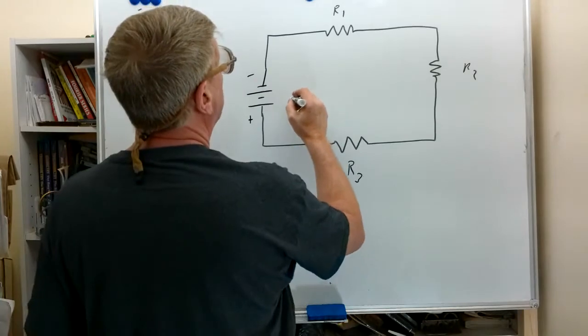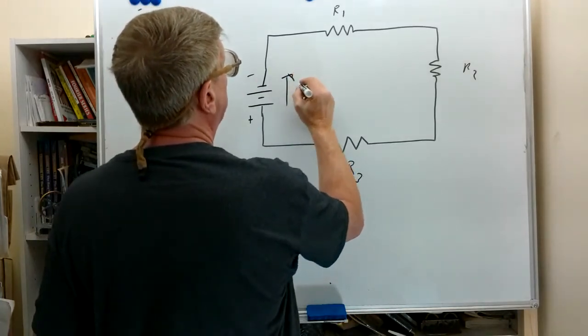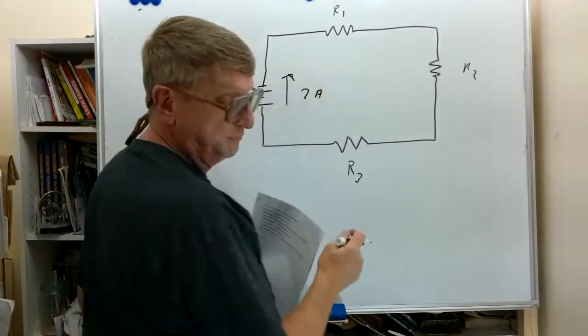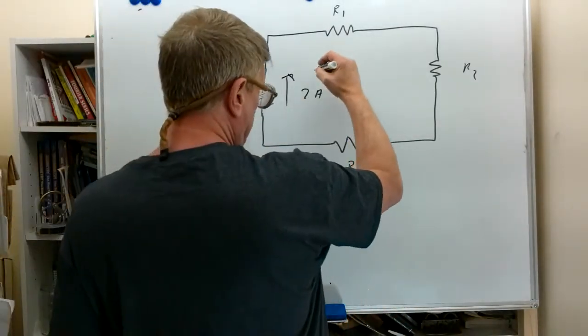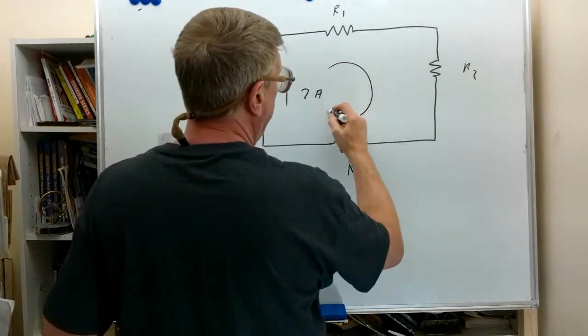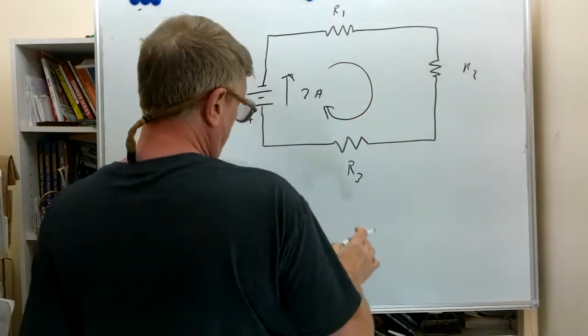Now we're going to assume a current flowing here of 2 amps, which will occur everywhere in this circuit.